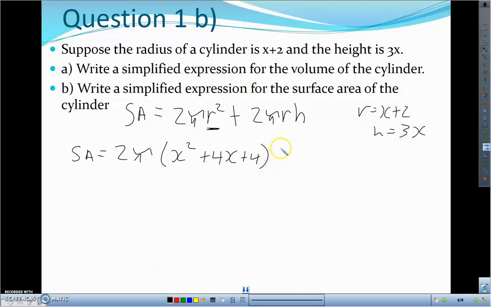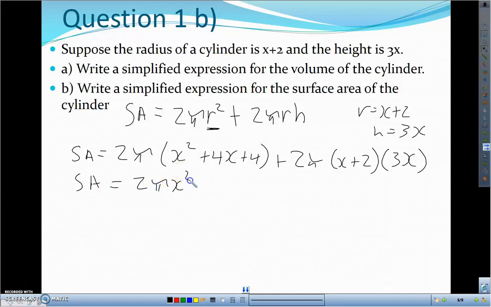And I've got this plus 2 pi r, which is x plus 2 times 3x. And so I can simplify this stuff here into something else. So I'm going to expand through here, which is equal to 2 pi x squared plus 8 pi x. 2 pi times 4 is 8 pi.